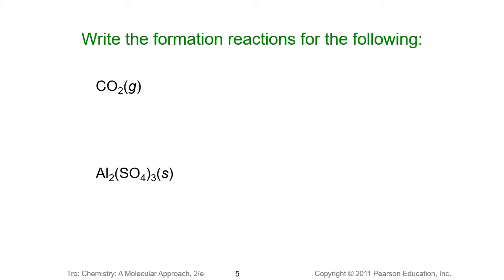So for carbon, we just saw that the elemental form was the solid graphite form of carbon. For oxygen, it's a diatomic gas, and we're forming carbon dioxide gas.